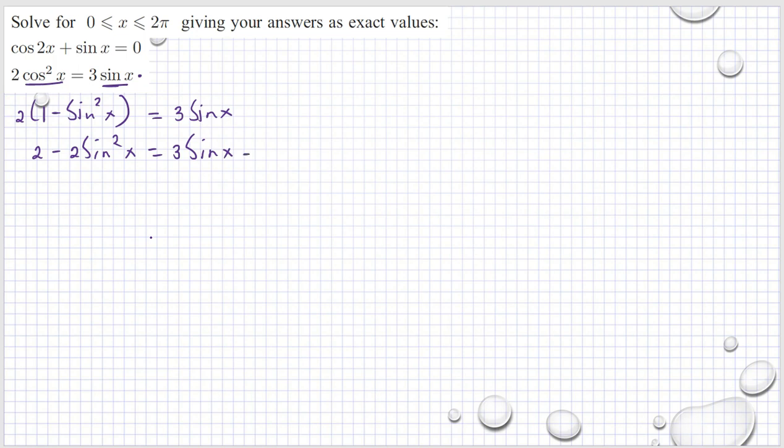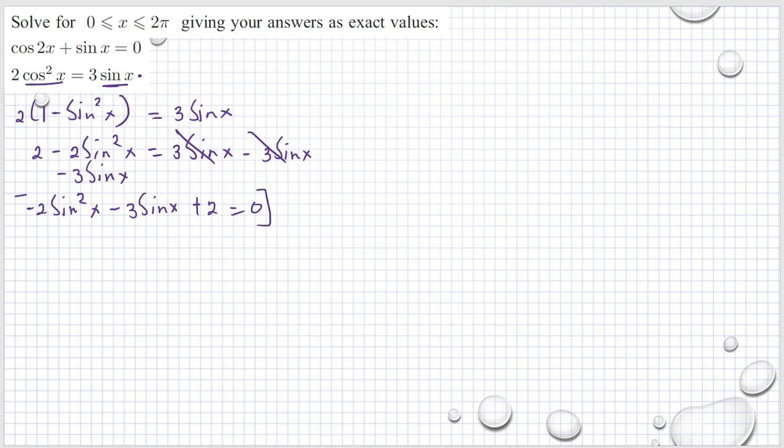If we subtract both sides of the equation by 3 sine x, such that the right side is 0, then we have negative 2 sine squared x minus 3 sine x plus 2 is equal to 0.